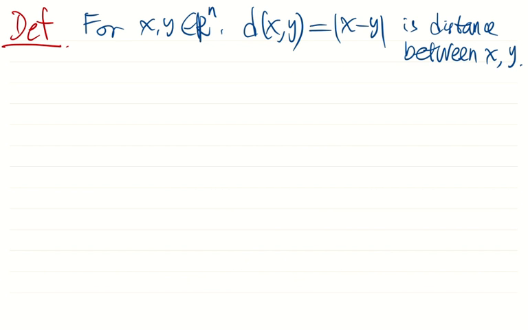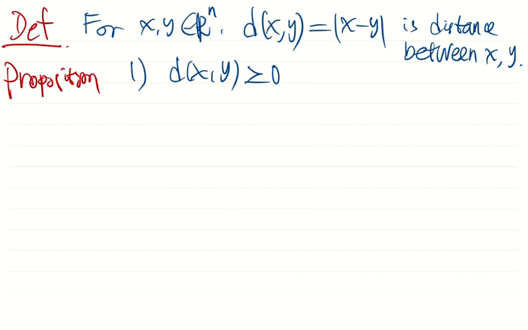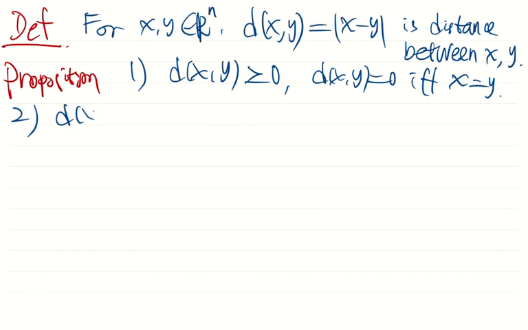Why do we call this distance? Using the properties of the norm, we have this proposition. Firstly, d(x,y) for x, y in Rm is always non-negative, and d(x,y) is 0 if and only if x equals y. Secondly, d(x,y) equals d(y,x).